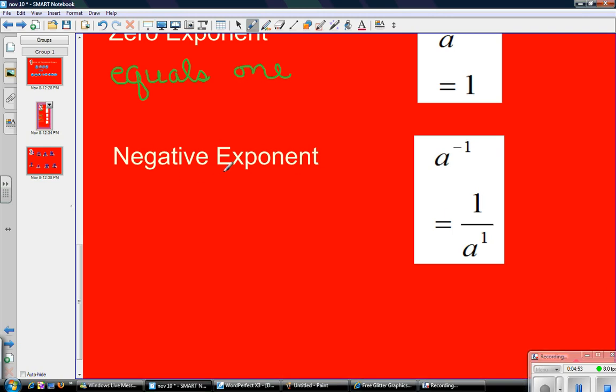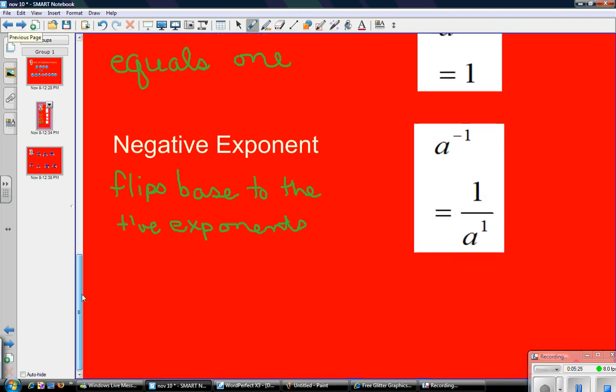Now let's take another example here. So, first of all, maybe we'll put that a negative exponent flips the base, and it's to the positive exponent. And we're going to do another example here with some numbers, because as I said, this is the one that most students have difficulty with.